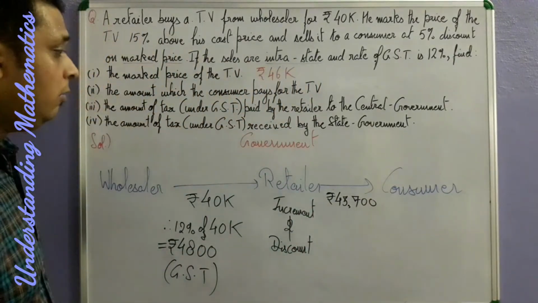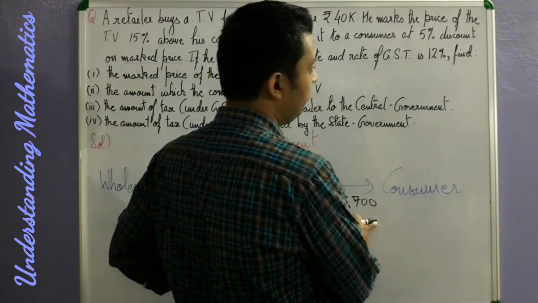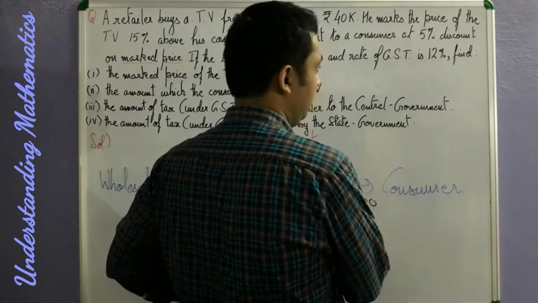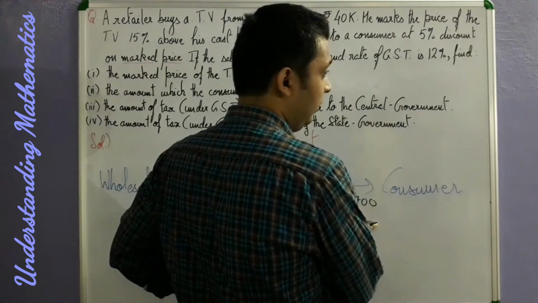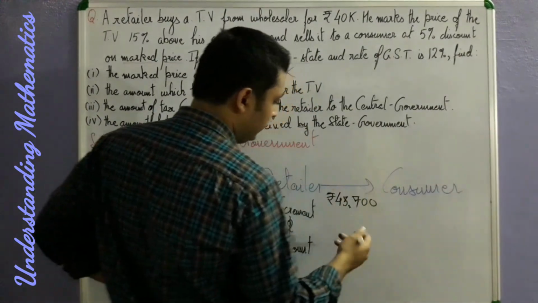Clear? So now this money will have some portion of tax that is given by the retailer to the government, or by the consumer.